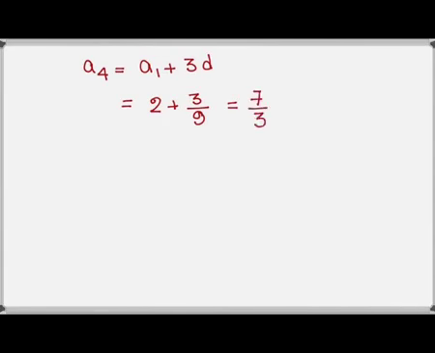As we have to find out the value of A4 into H7, let us first find out what is A4. We know A4 is A1 plus 3D. So this is 2 plus 3 divided by 9. Therefore this is 7 by 3.